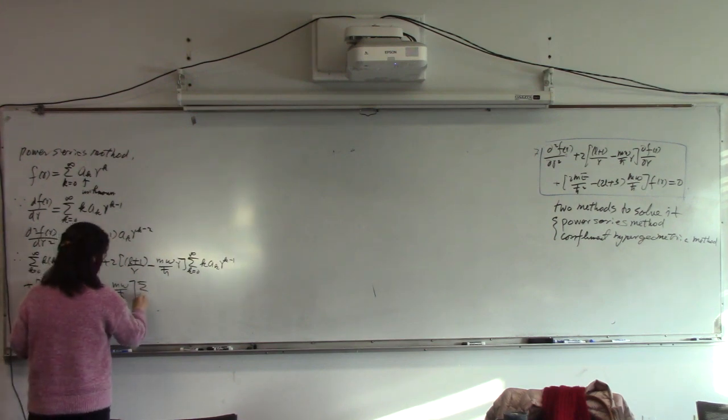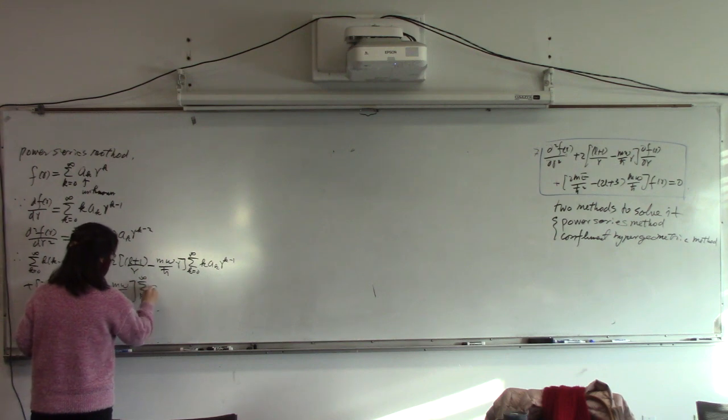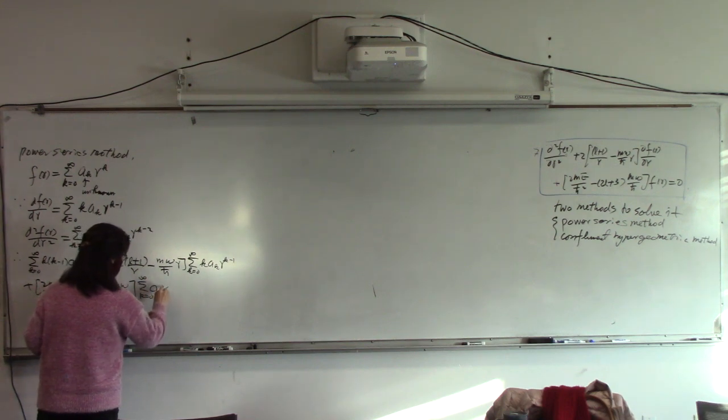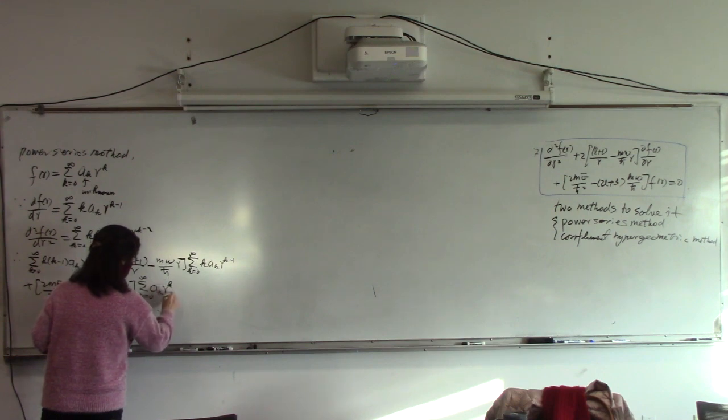And then the summation k from 0 to infinity a_k r^k equal to 0.